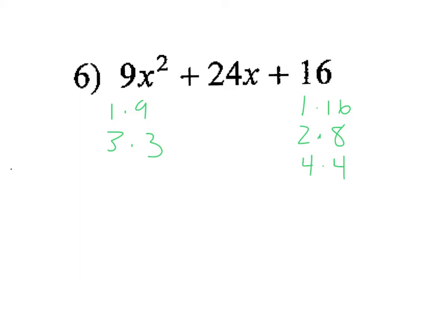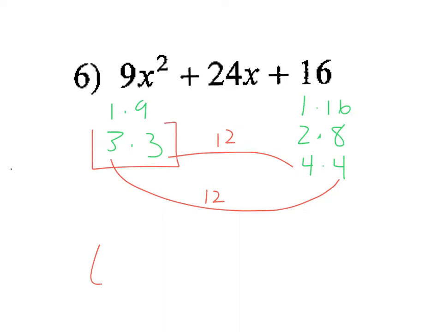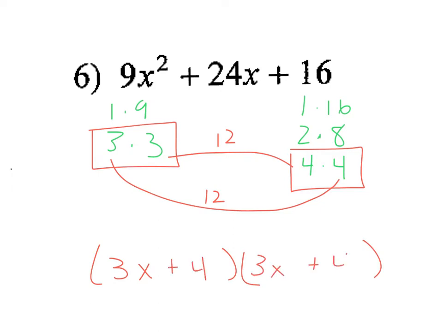So we get 16 and 9, and you'll run through and find that that doesn't work because that's going to give you 25. Okay, so I'm going to focus in here. I'm going to look at the 3 times the 4 and get 12, and 3 times 4 here and get 12. And that gives me the 24 in the middle. So my combination here, I got a 3, 3, and a 4, 4. So it's just 3x on the front sides. And then I've got a plus 4 and a plus 4.